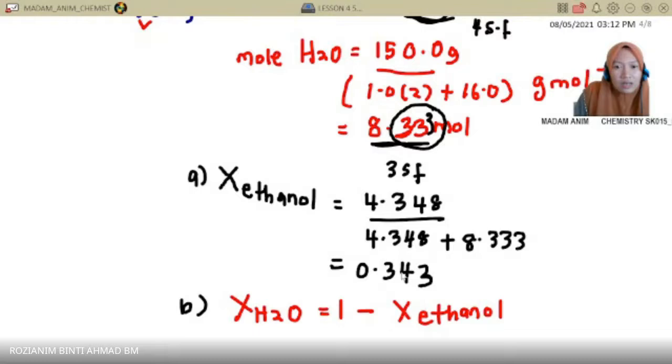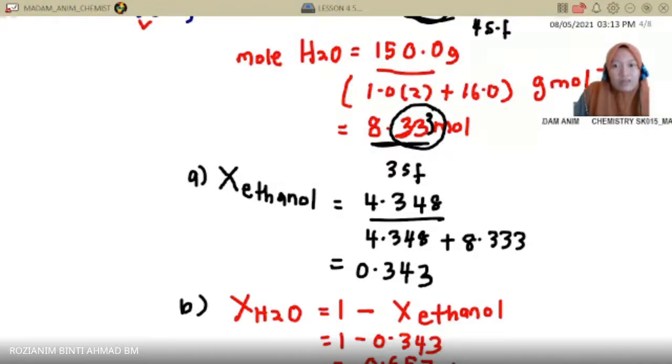So kita akan dapat 1 minus 0.343. So this is equivalent to 0.657. Okay, good. Alright, so this is your final answer. Kalau mole fraction water, you nak buat step macam etanol pun tak jadi masalah. So, also correct. Okay, good.